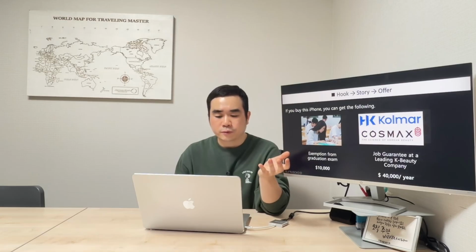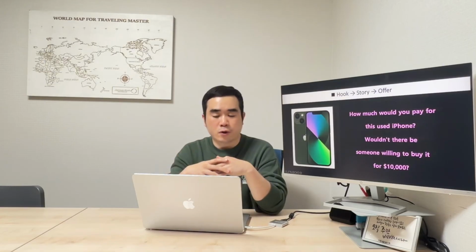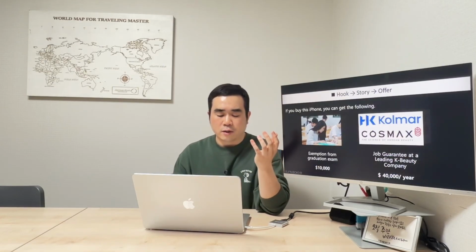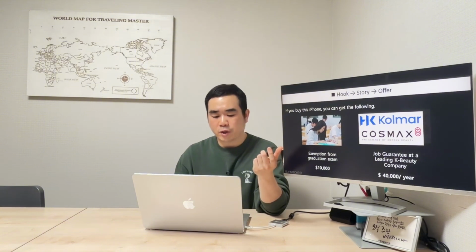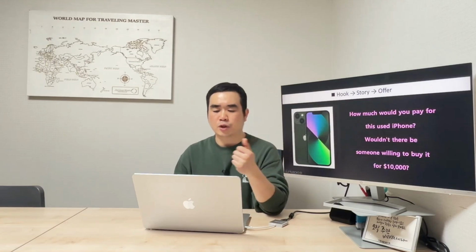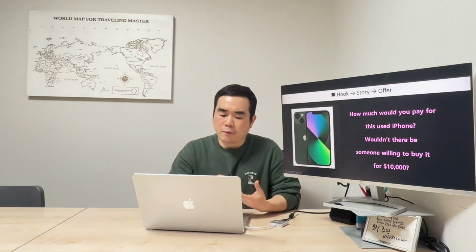How about this? How much would you pay for this used iPhone? You get the 10,000 exemption from the graduation exam and about 40,000 US dollars of salary per year. So it's about 50,000 US dollars of value. How much would you pay for this used iPhone? Wouldn't there be someone willing to buy it for 10,000 US dollars?